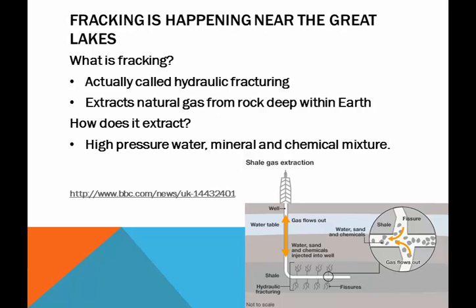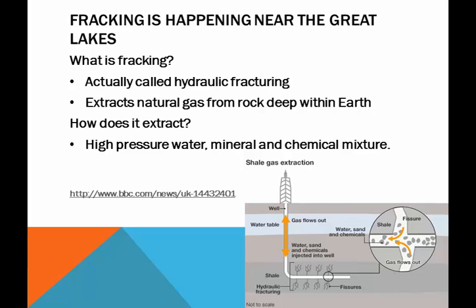So we all know about the resources that the Great Lakes provide, and a lot of other outsiders are starting to realize them too. For example, companies have begun fracking on the shores of the Great Lakes because they aren't allowed to frack in the water.